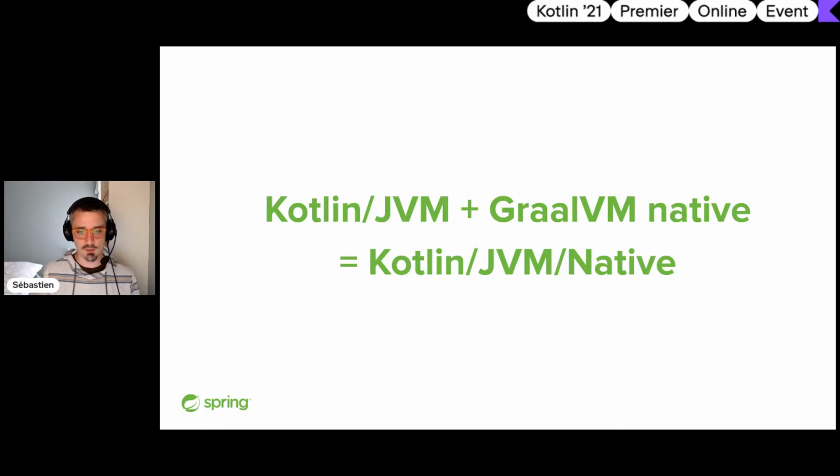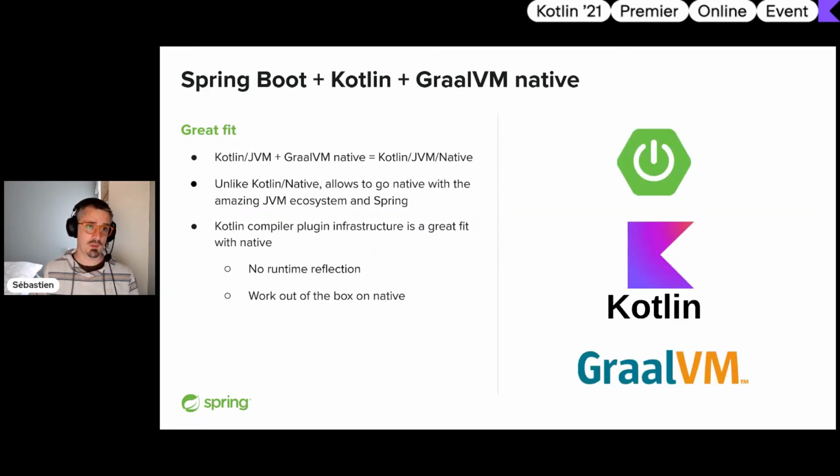And I like to call that Kotlin/JVM/native. That's not super good in terms of marketing, but I want to highlight the fact that it's not Kotlin native. Kotlin native is not using the JVM ecosystem, so that's very different. And I think this combination of Spring Boot plus Kotlin plus GraalVM native is pretty neat.